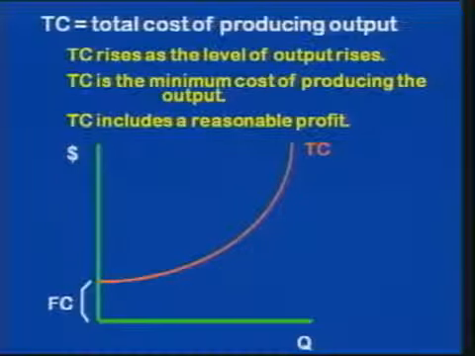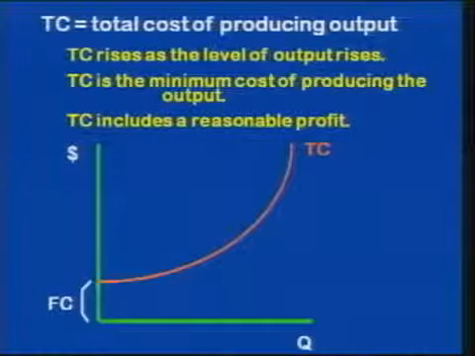Okay, so sorry, here are just two more lines about the total cost. So this says total cost is the minimum cost of producing the output. It just means the firm doesn't waste anything, or the workers don't have an unreasonably high wage or something. The total cost is already the producer trying hardest to minimize the cost. So if you want the firm to give you two cars, you have at least to cover their cost. So this part just says it's the minimum cost for producing the output.